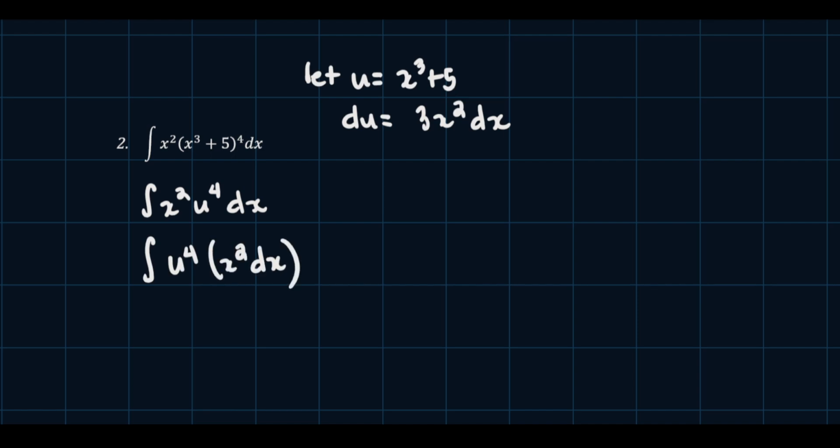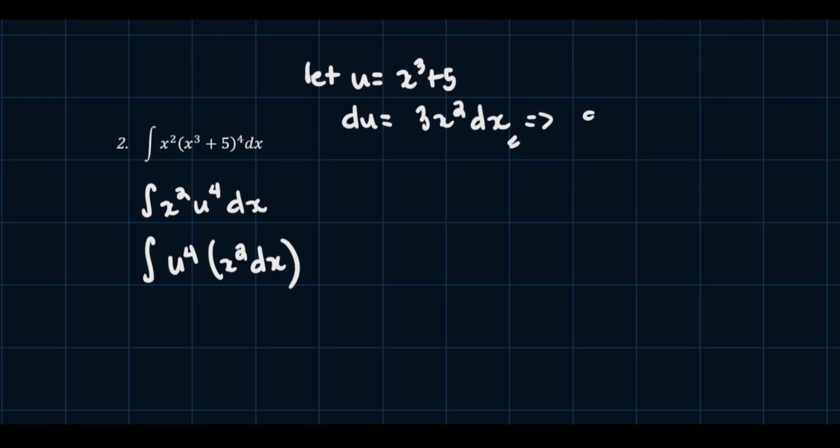Sa integral natin, ang meron ay x squared dx. So, what we can do is from this part here, we can actually manipulate it para magkaroon tayo ng x squared dx sa isang side. We can do so by dividing everything by 3.